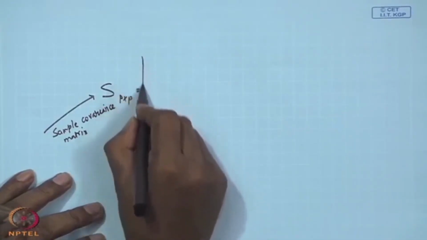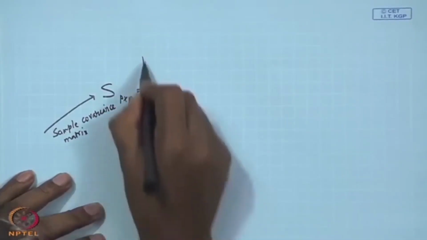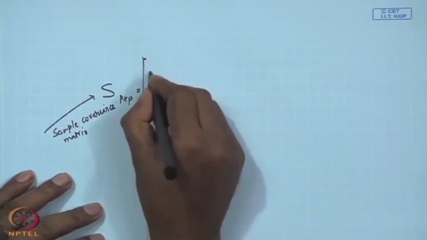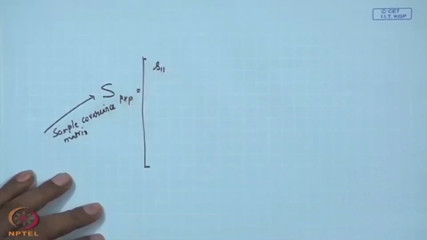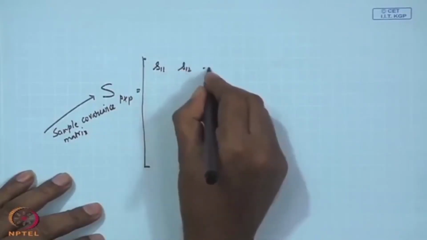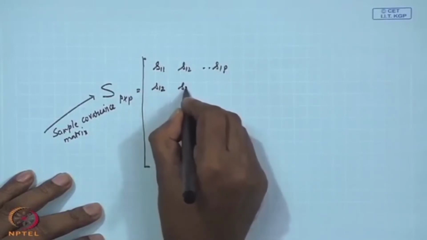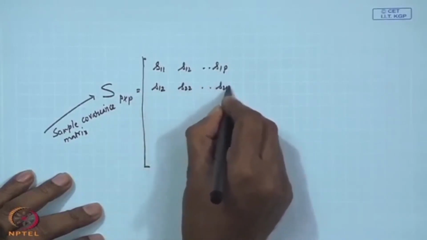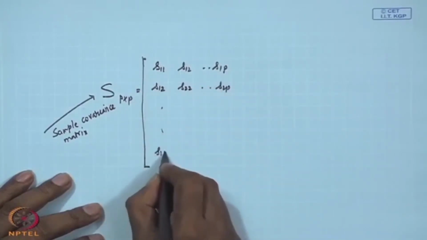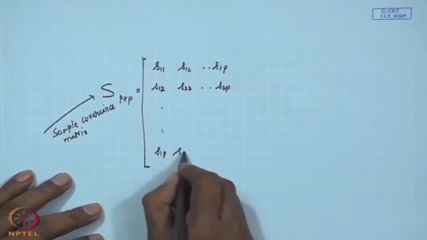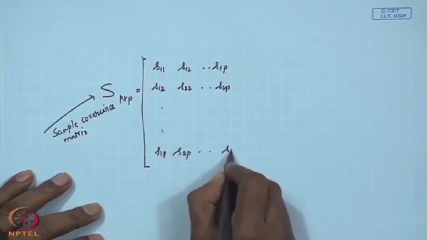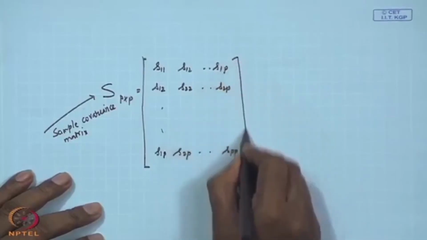So, my matrix elements I can write like this: S11, S12, like S1P, again S12, S22, S2P, like this S1P, S2P, dot dot dot SPP.